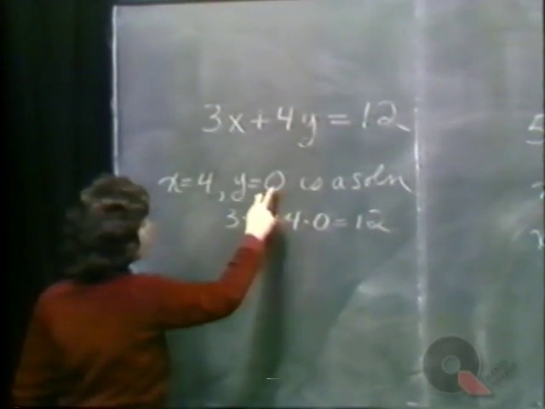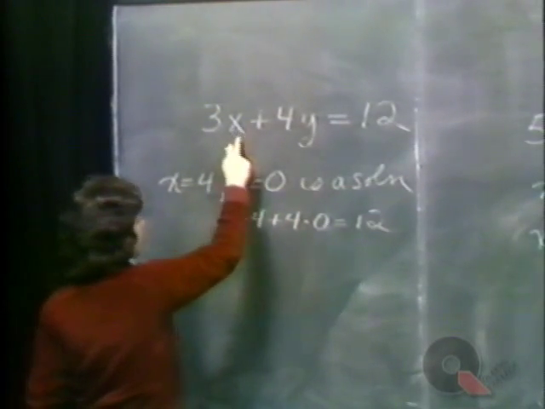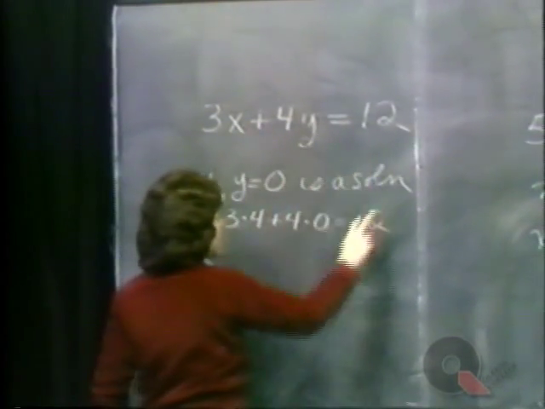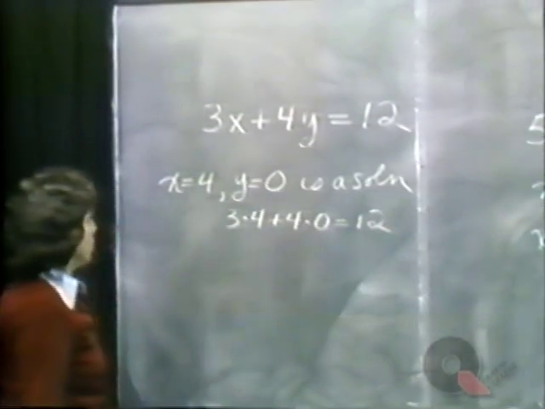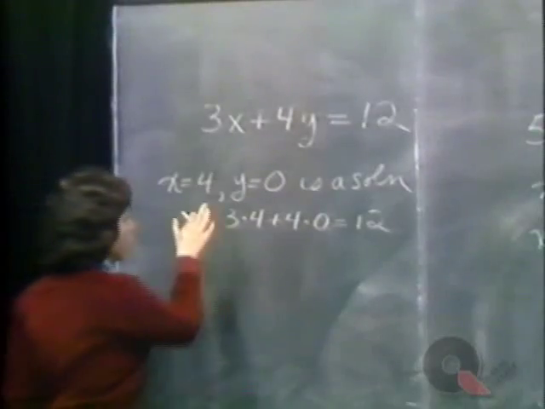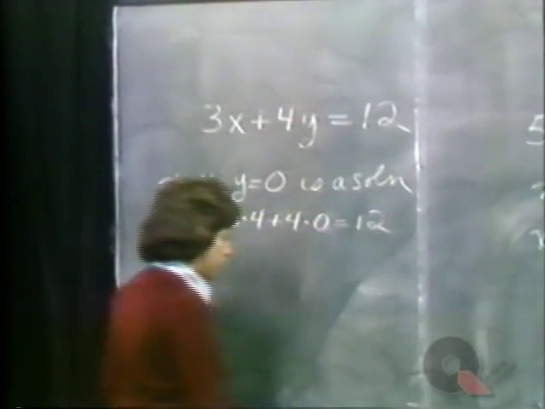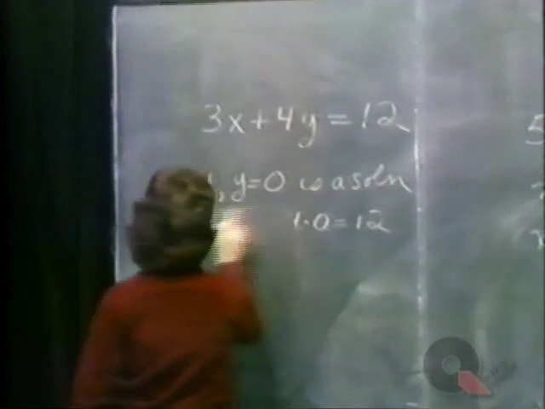Substituting in x equals 4 and y equals 0, 3 times 4 plus 4 times 0 is equal to 12. You get 12 plus 0, which is 12. So x equals 4, y equals 0 is a pair of numbers that is a solution to this equation.